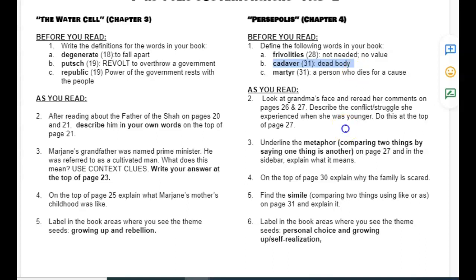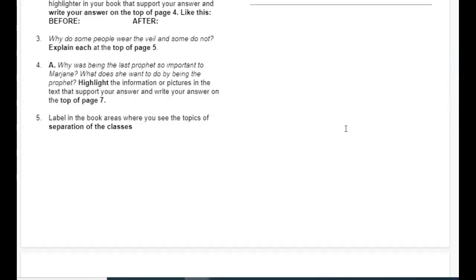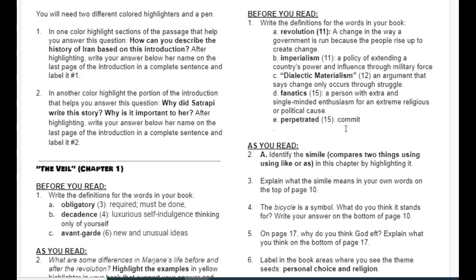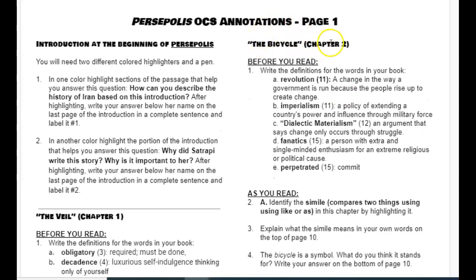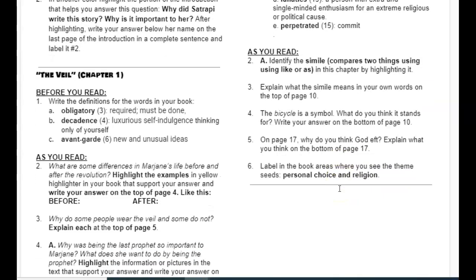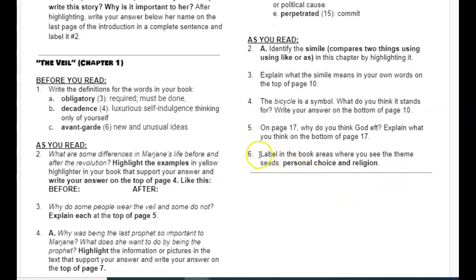Let's try one more. When I finish reading chapter 2, this is chapter 2, the bicycle. When I finish reading, I have to go back and label the theme seeds or the topics that I saw.